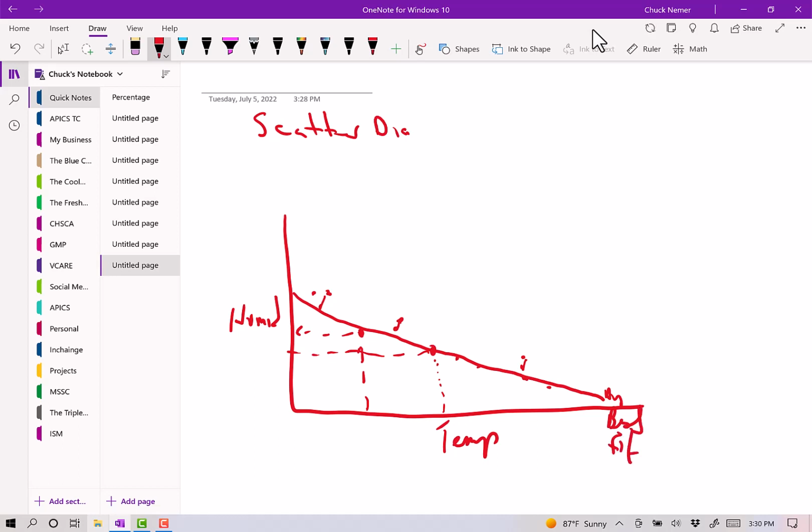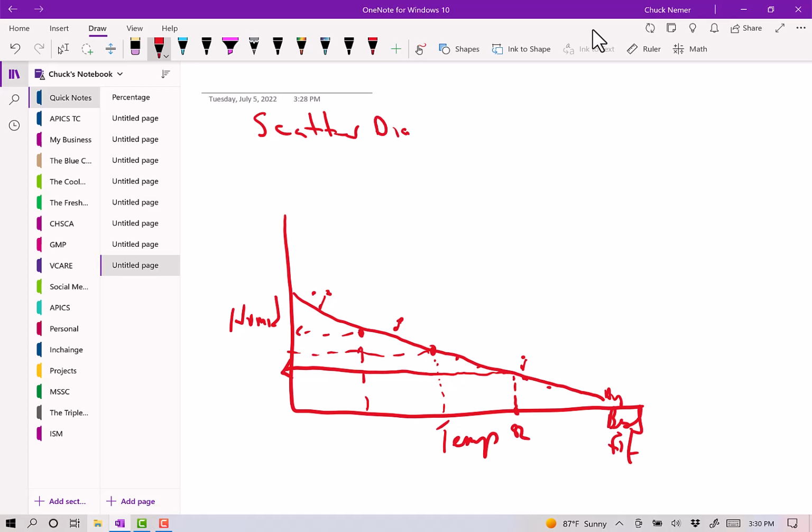So maybe we're in a greenhouse and we come inside the door and the temperature is 82 degrees, we would expect to see humidity about right here, whatever that is. What that allows us to do is not only understand the process better, how variables are related to each other, but if we want an increase or decrease in humidity, we can also predict from this.